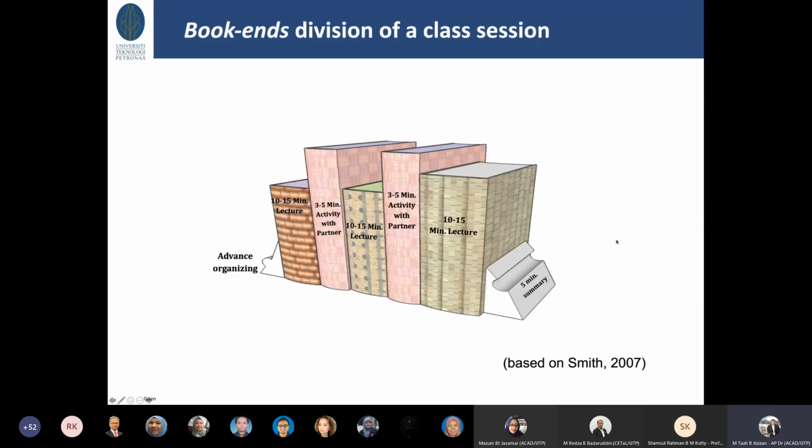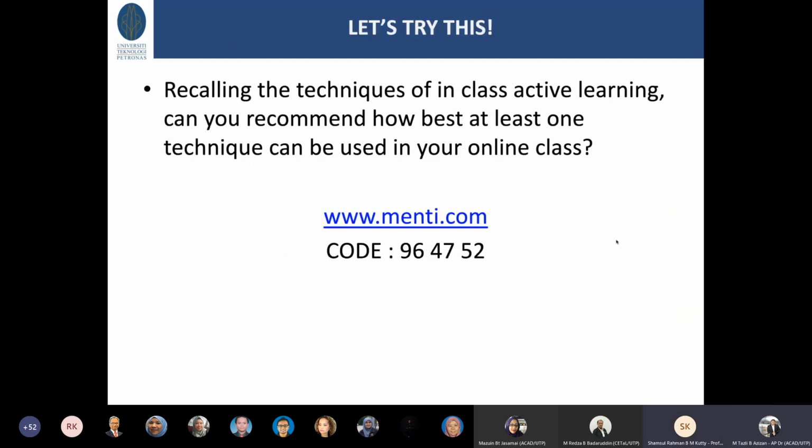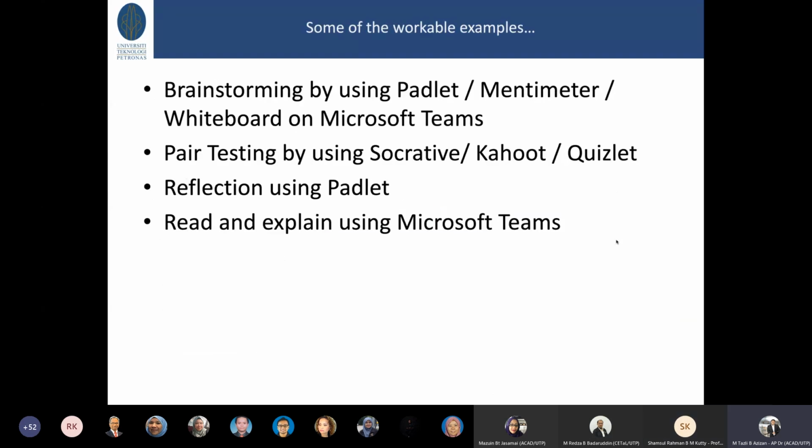There are some examples that we could use. For example, brainstorming by using Padlet. You can use Padlet for a brainstorming session. We can also use Mentimeter for brainstorming, because Mentimeter has different types that you can pick and students can respond there.